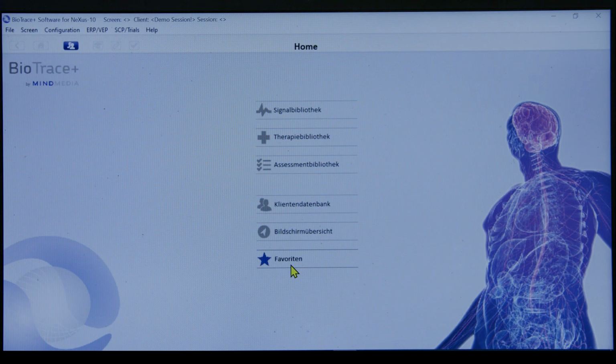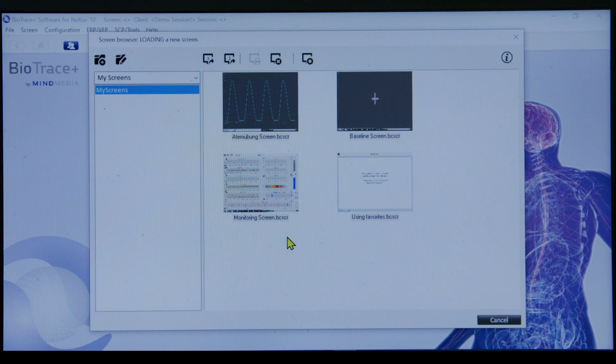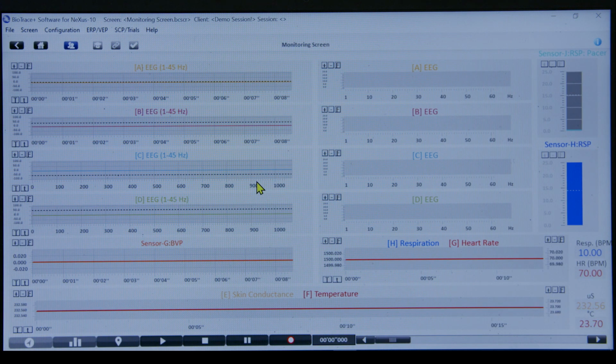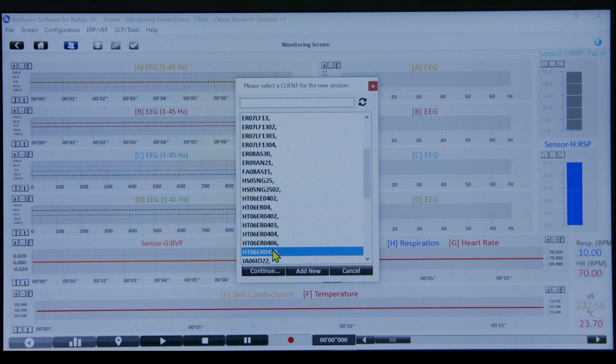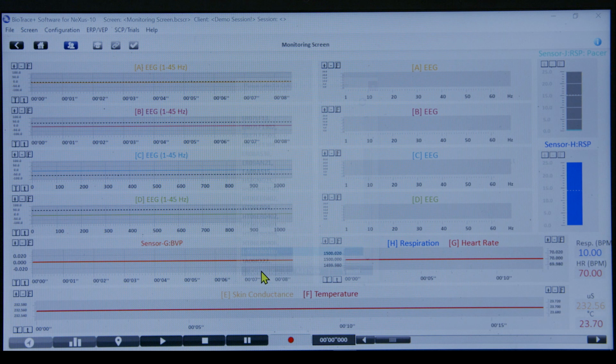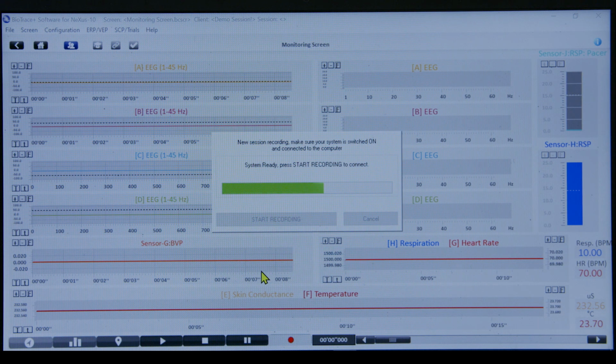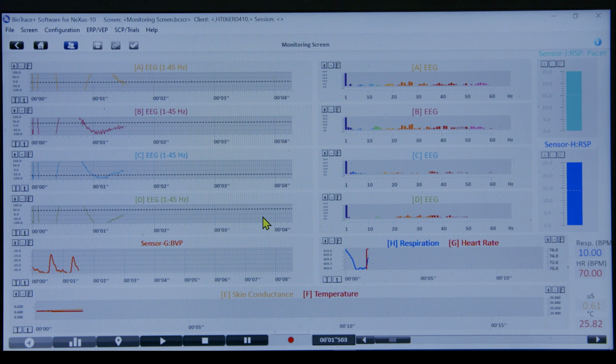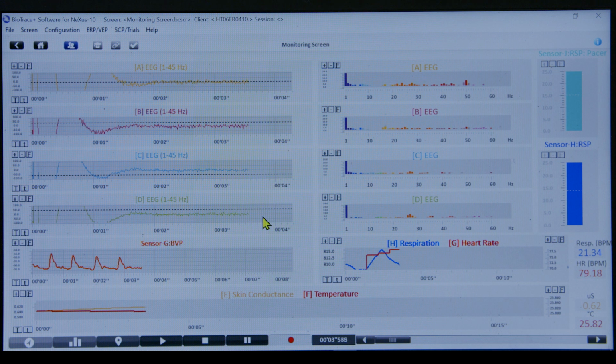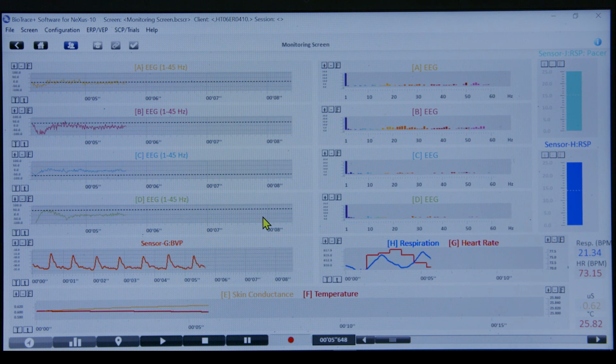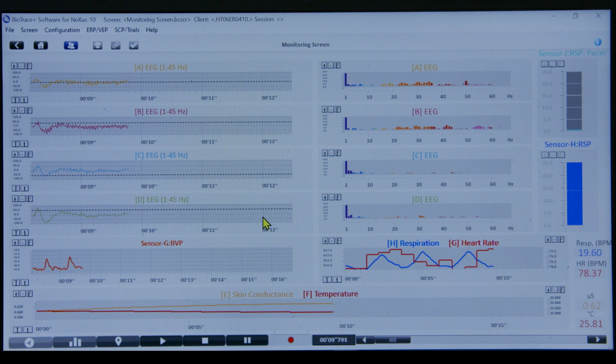We select the screen and we begin our recording by selecting our participant with her pseudonym. We start our recording, and as you can see, the various sensors right away collect neurophysiological and physiological data.